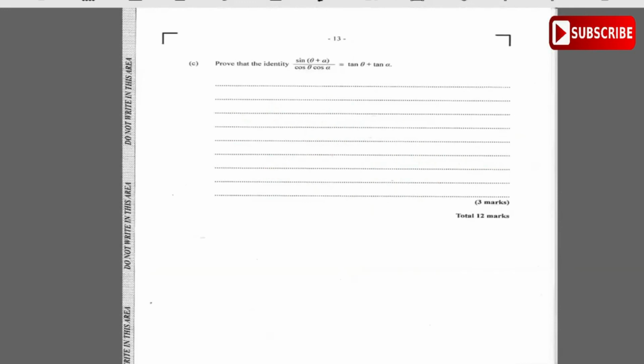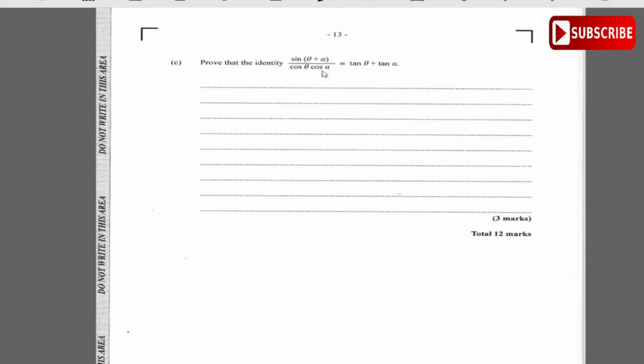Now it says prove this identity that sine of (theta + alpha) over cos theta cos alpha is the tan of theta plus the tan of alpha. Now I always like to start with my left-hand side.